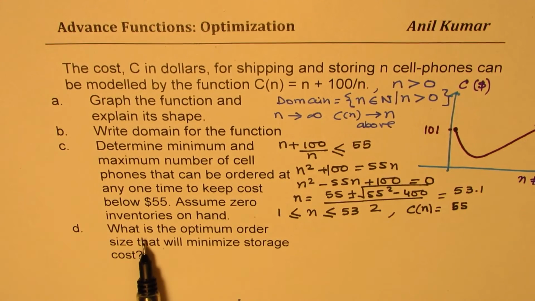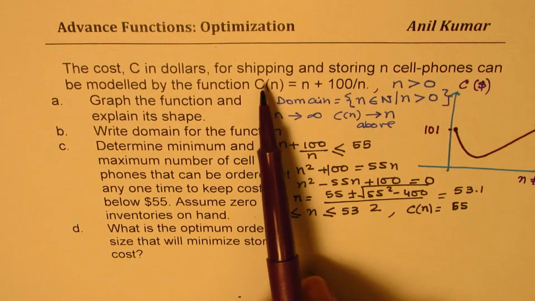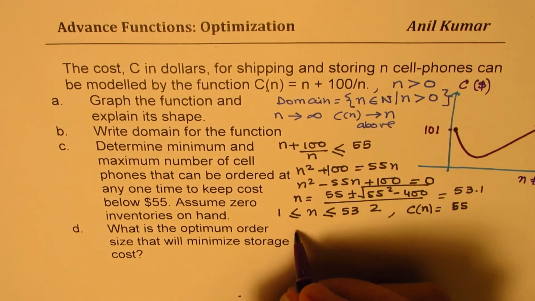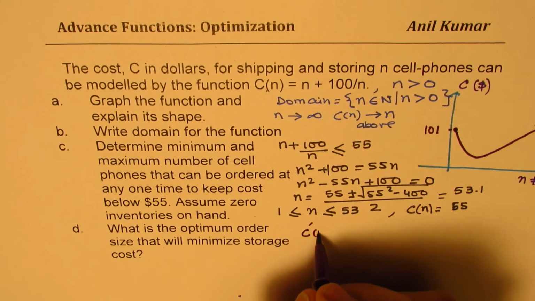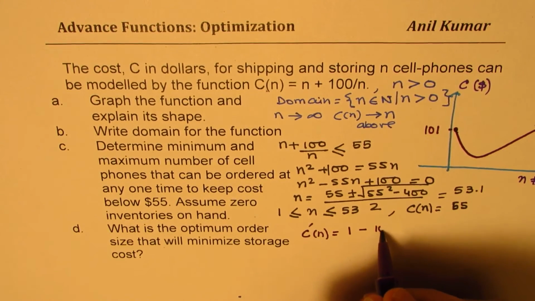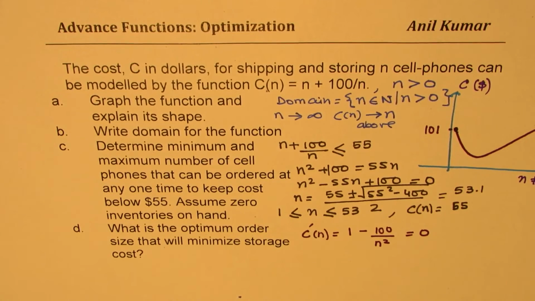Part D is, what is the optimum order size that will minimize the storage cost? Now, to minimize the storage cost, we have to see the rate of change, and the critical number will be when this rate of change is 0. So let's find the critical number by taking the derivative of this function, which will be 1 minus 100 over n square. And we need to equate this to 0 to find the critical number.